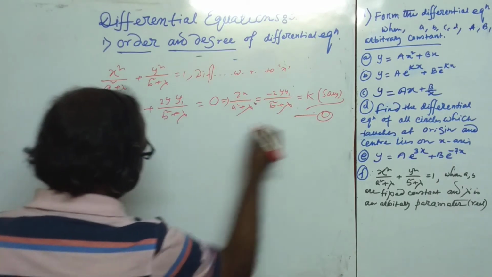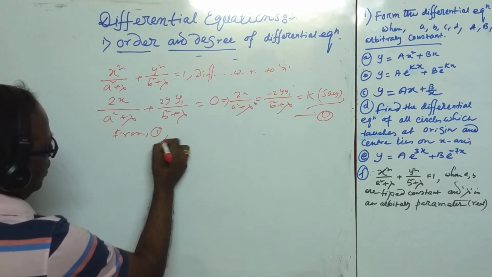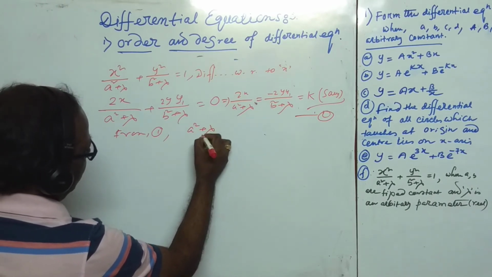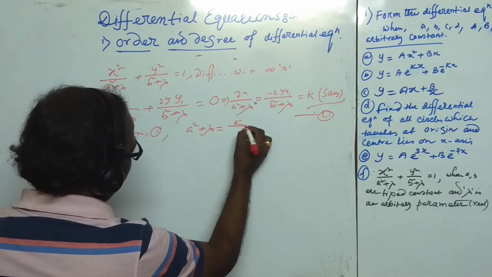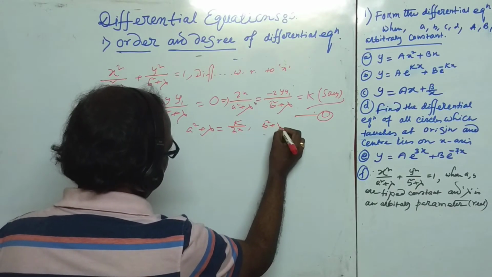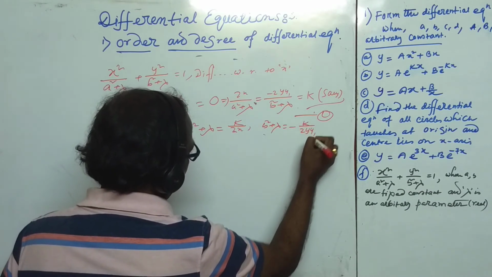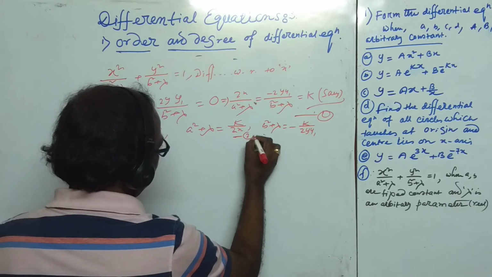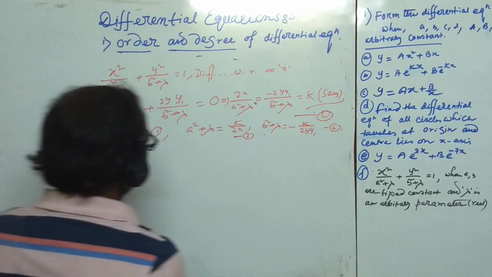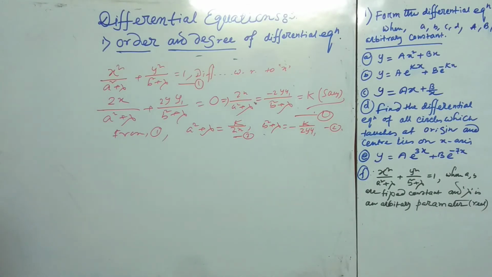So from 1, a square plus lambda is equal to k by twice x, and b square plus lambda is equal to k by y1. This is 2, this is 3, and this is 1.